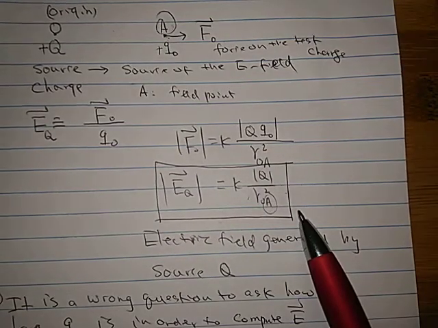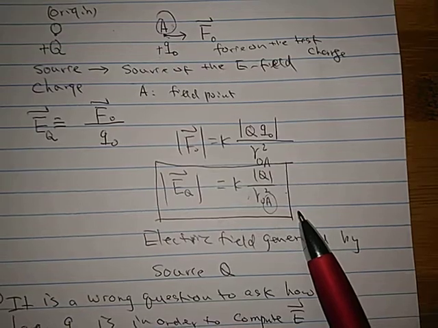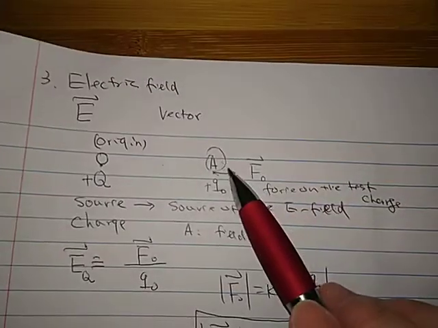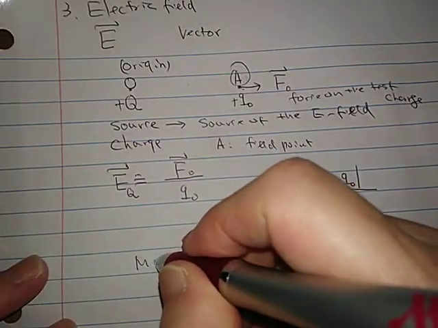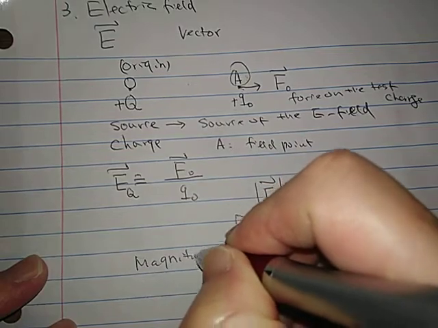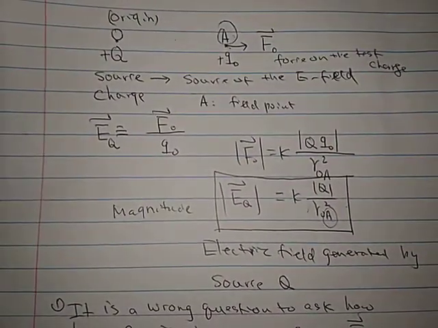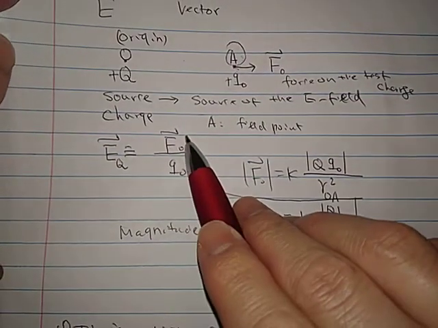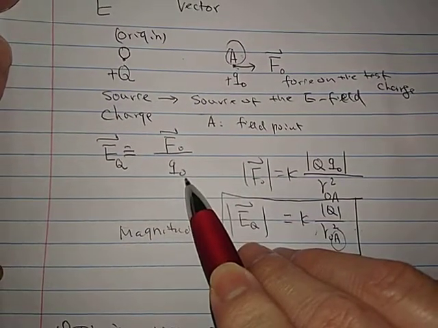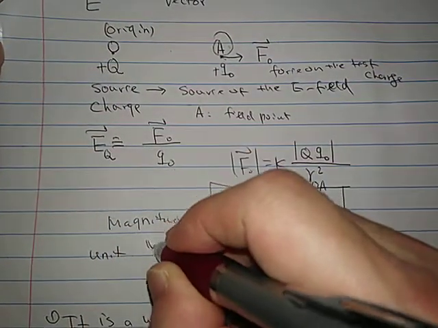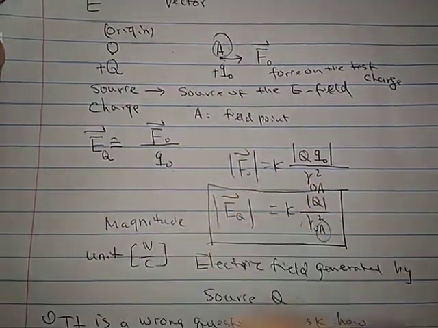And this equation standing alone is just representing the field generated by a point charge at point A. And this is the magnitude. And of course, we can figure out the units as well. Force is in Newtons, divided by Coulomb. So therefore, the units are just Newton per Coulomb.